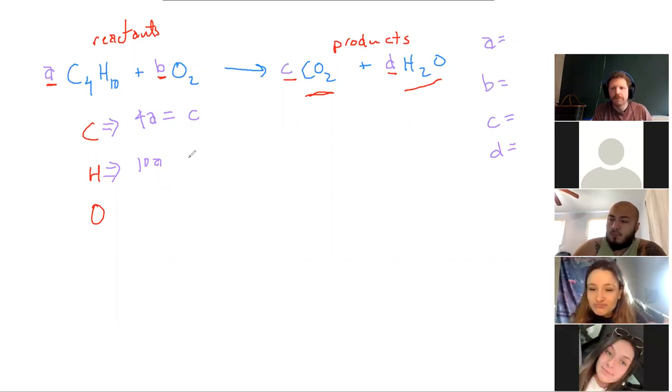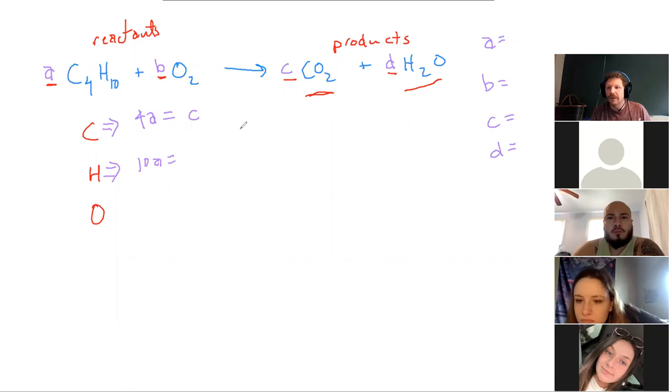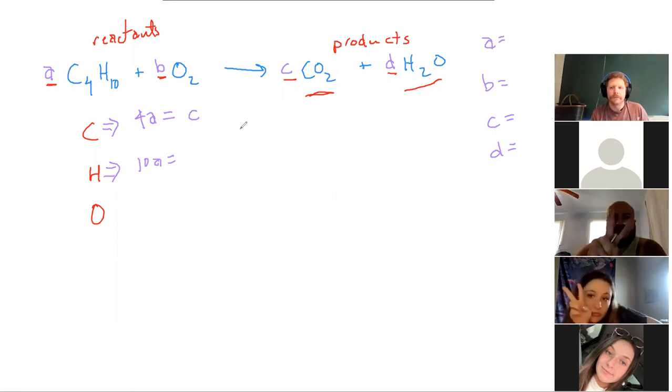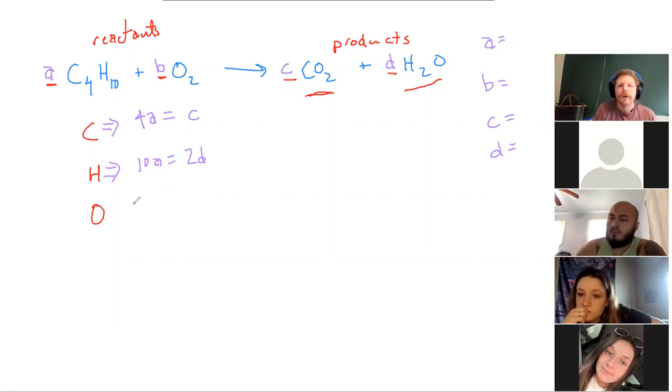Nope. The next place that I see hydrogen is not until molecule D, where I have how many hydrogen? 2. 2D. Okay. Now, I've got my first 2 elements that are basically taken care of.